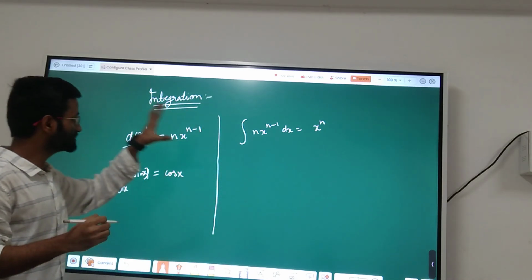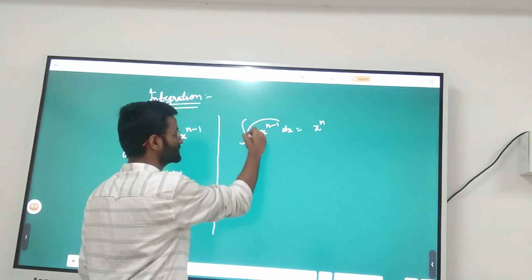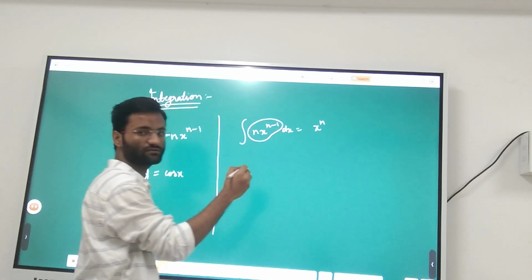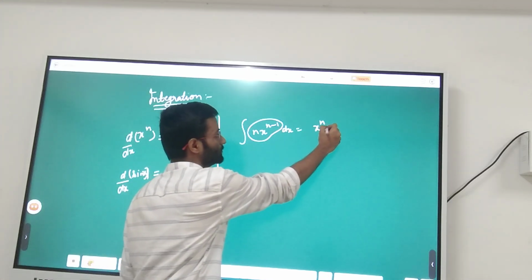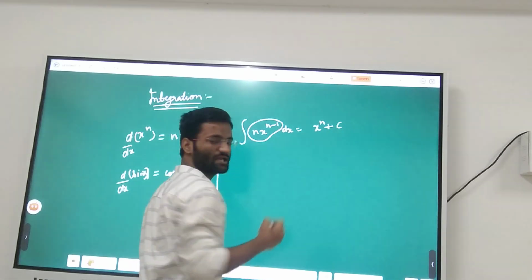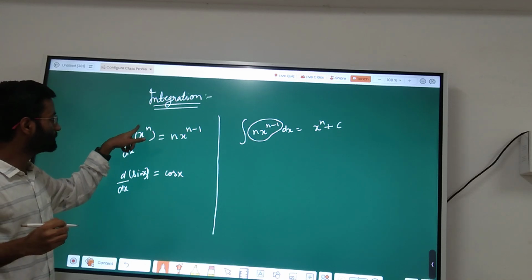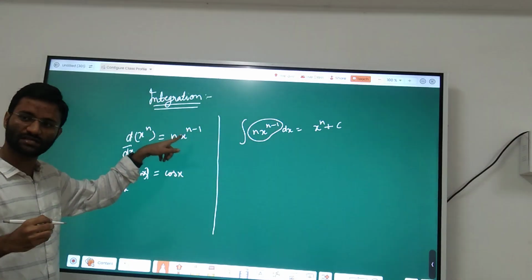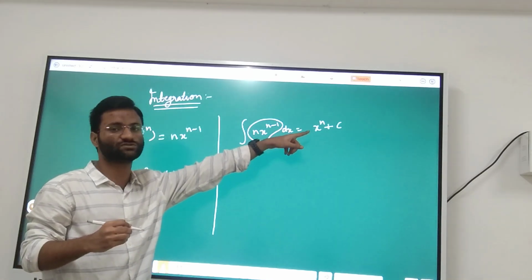This whole function is called the integrand, and this is the sign of integration. In integration you have to put a constant c. If I find the differentiation of x to the power n plus c, that is also going to be the same thing. So in indefinite integration we have to add a constant, which is c.